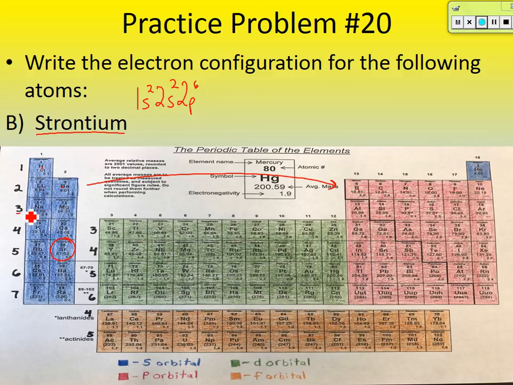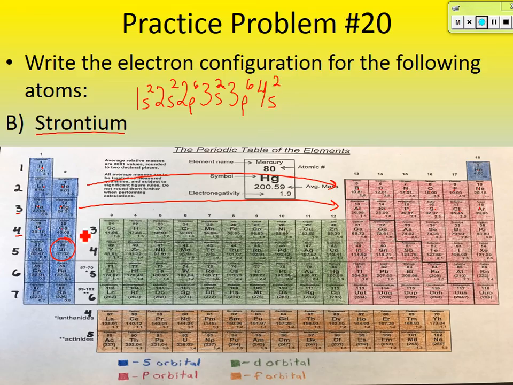Now we're in the third energy level, s orbital, 1, 2 electrons fit there. Okay, now we come across, still in the third energy level, but now p orbitals, 1, 2, 3, 4, 5, 6 electrons fit there. We're done with the third row. Let's go to the fourth. Fourth energy level, s orbital, 1, 2 electrons can fit there.